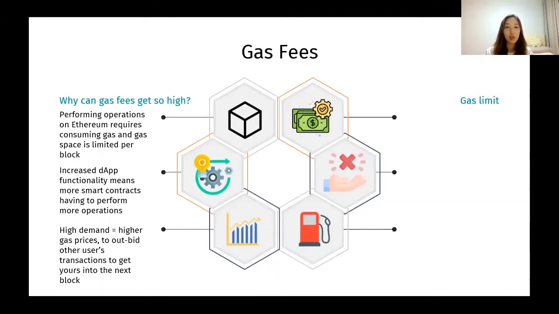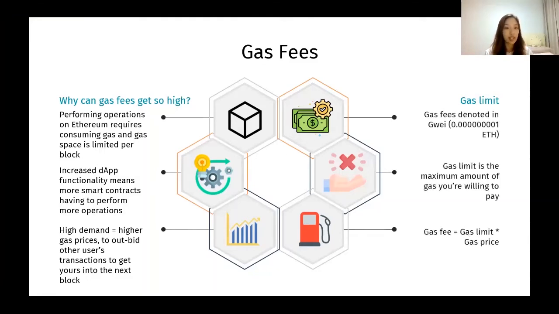And gas price alone does not actually determine how much we pay for a particular transaction. To calculate the transaction fee, we have to multiply the gas used by gas price, which is usually measured in Gwei. And next, for the gas limit, so gas fees are denoted in Gwei, which is just 0.000000001 Ether.